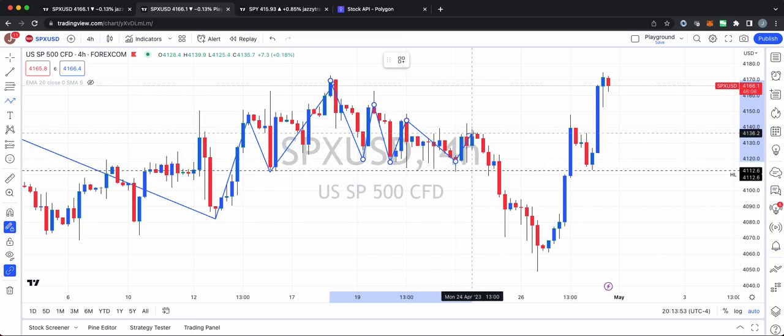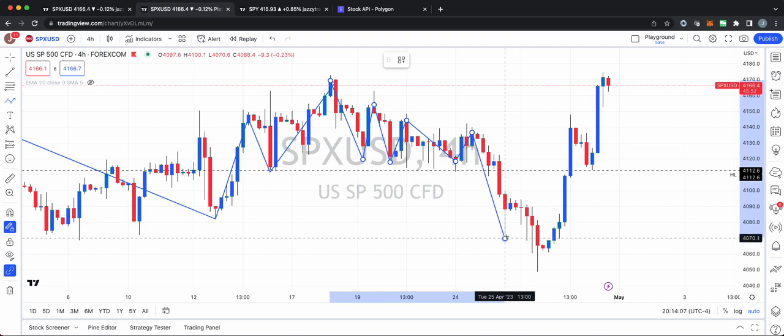Okay, lower high. So again, when I was saying how I skip some things, I don't really call this the lower low. Oh, I mean, I'll call it a lower low, but I don't want to call it a lower high because it's just consolidating. So I'm gonna skip to something like this.